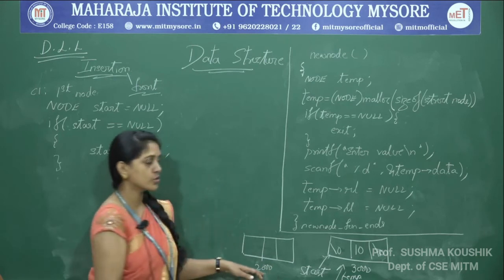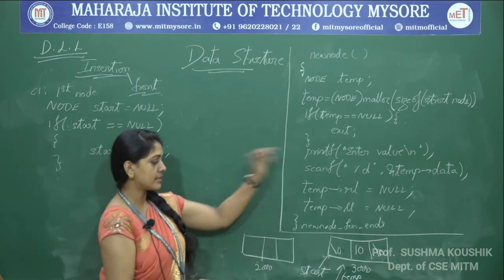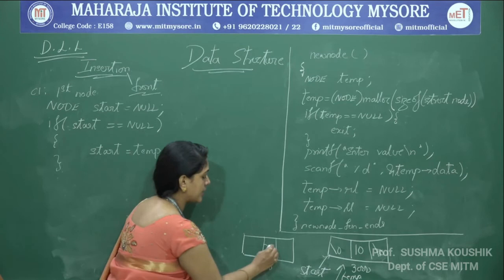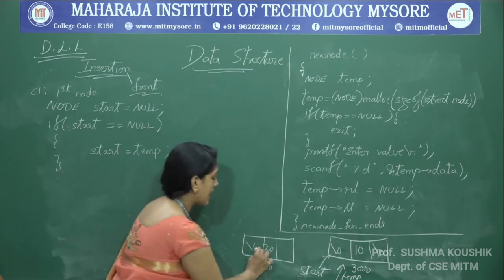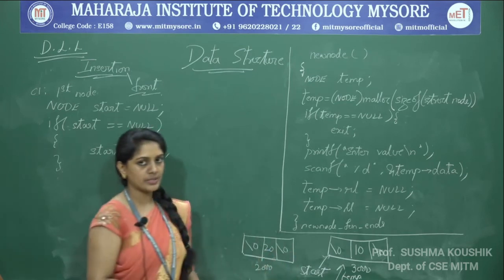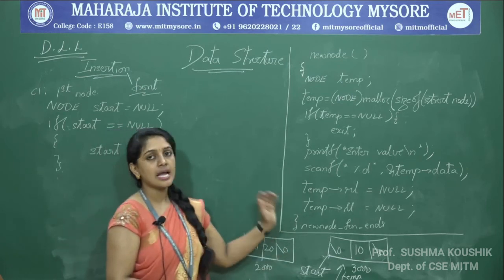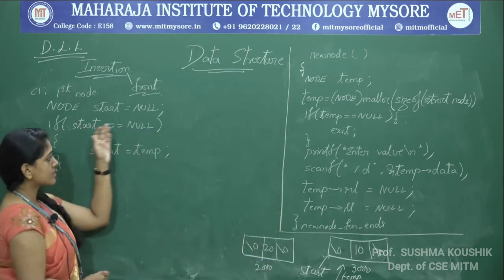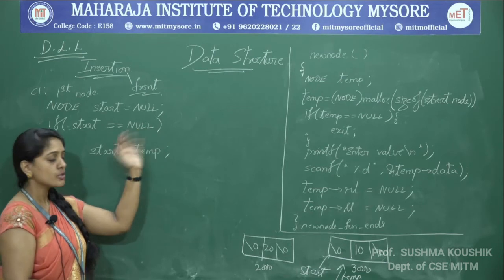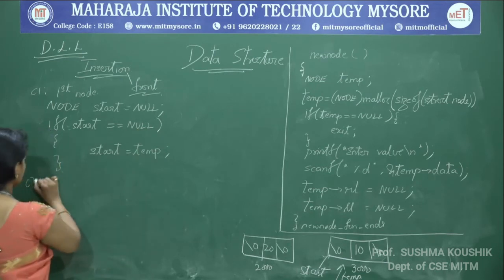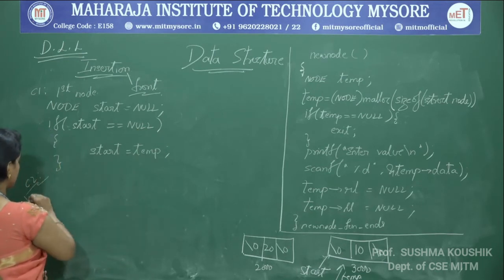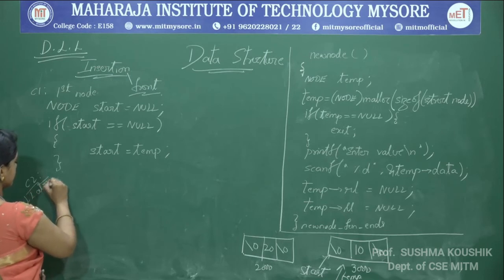We will assume it is 2000 and now we will enter a value. So maybe we are entering 20 as a value and RL and LL will be null with it. The node is ready with this and we are checking now, is start equal to null? No. So this is case 2 where this is not the first node, the linked list already exists.